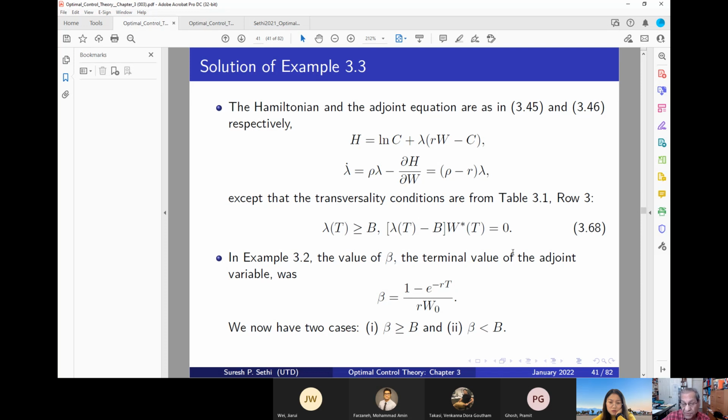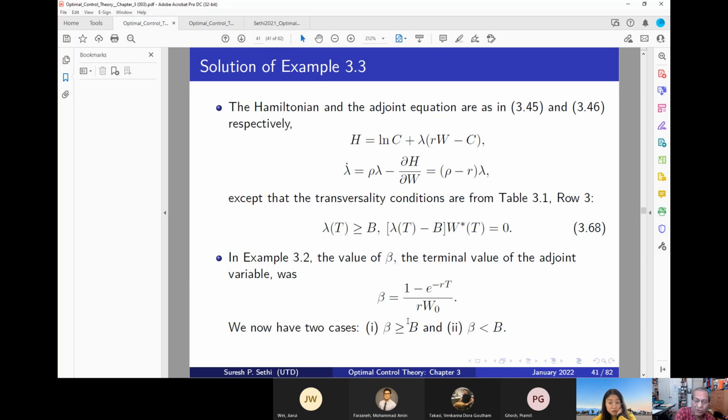And for this condition to be satisfied, wt star has to be equal to 0. So exactly at the boundary, when beta is exactly equal to b, then both conditions are satisfied in the sense that this is 0 and this is also 0. Okay. So when beta is bigger than b, the problem is solved.